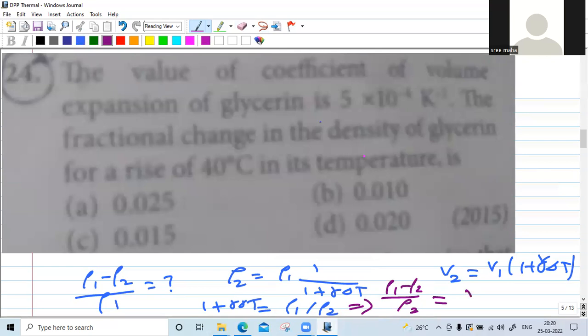Numerator minus denominator, so it's gamma delta T divided by 1.